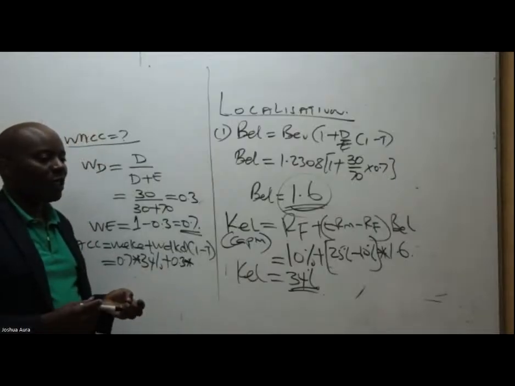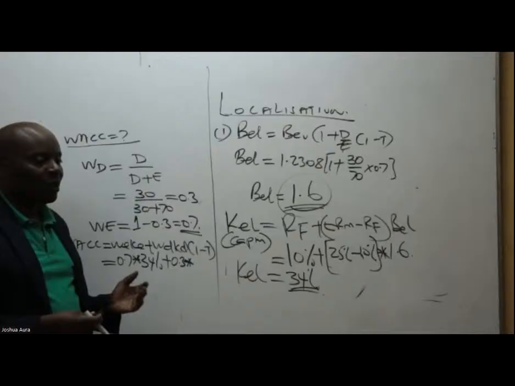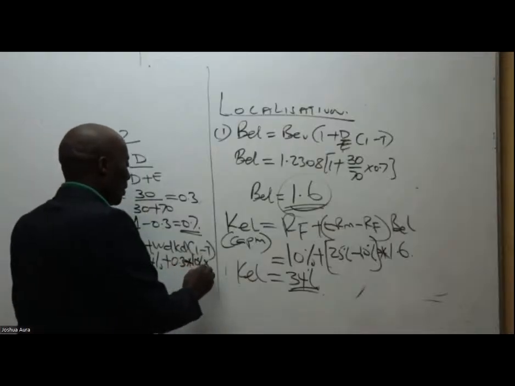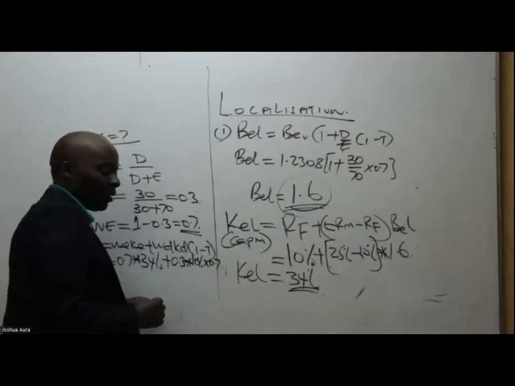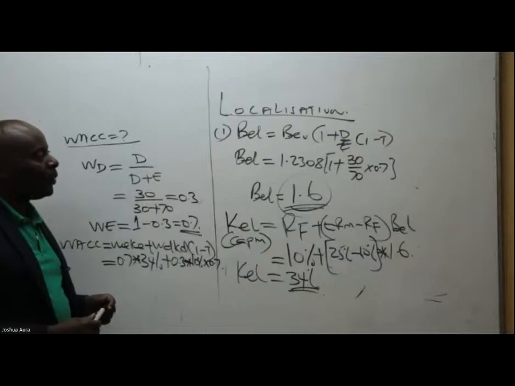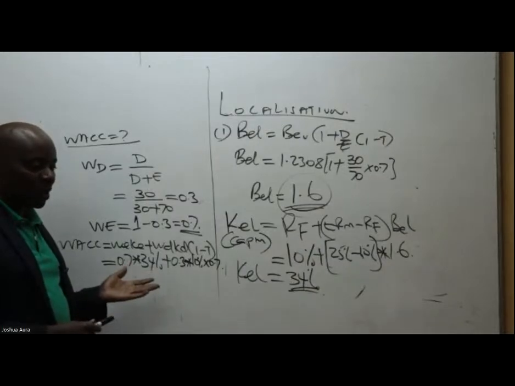We take risk-free, which is 10%, multiplied by 0.7 because of 1 minus tax.